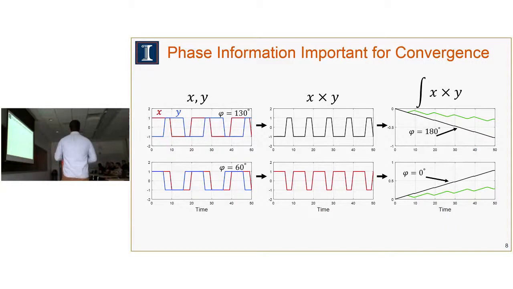Later I'll start showing where we can get some phase shifts introduced into our converter, and that will affect the time to convergence. The integral term kind of goes to zero.